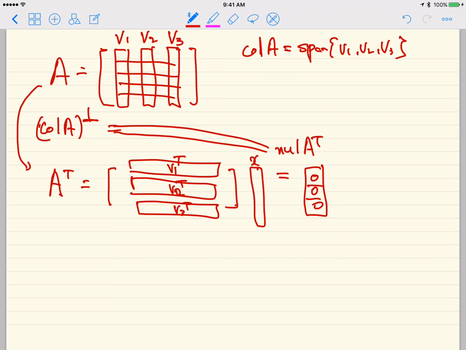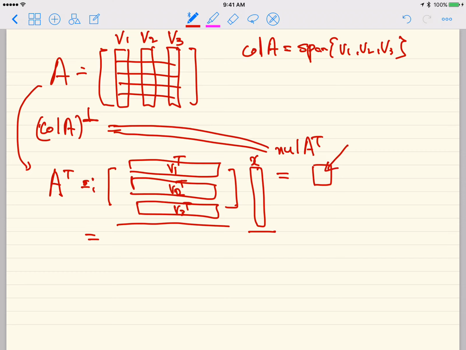Now let's try to understand why this is true. Let's think about the first element in this matrix-vector multiplication.